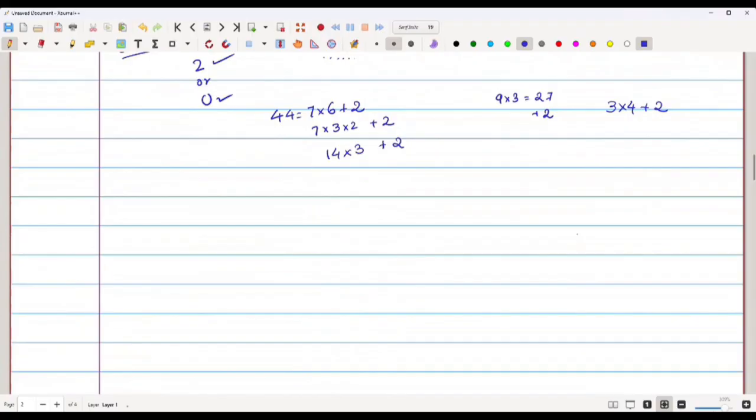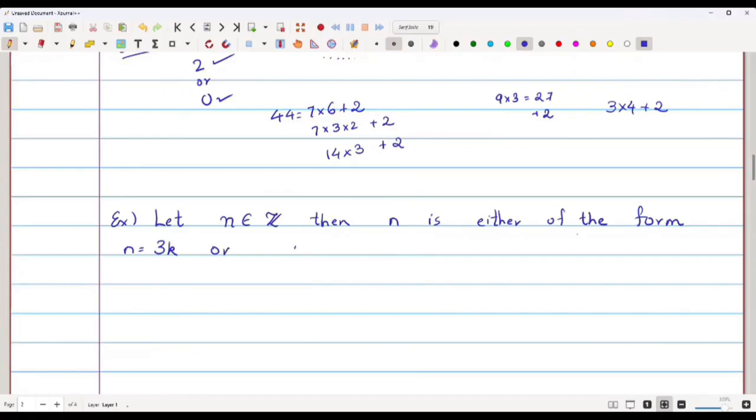It's a very easy exercise. It's a 2-minute exercise. So let n be any integer, then n is either of the form, so that n can be written as n is 3k, or n is 3k plus 1, or n is 3k plus 2.